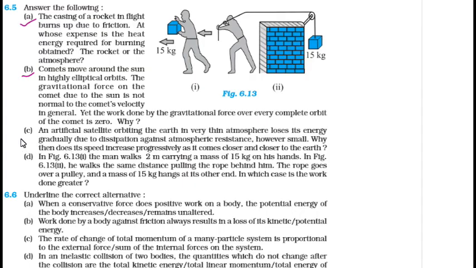Next question is, an artificial satellite orbiting the Earth in very thin atmosphere loses its energy gradually due to dissipation against atmospheric resistance, however small. Why then does its speed increase progressively as it comes closer and closer to Earth? Let us see the solution.